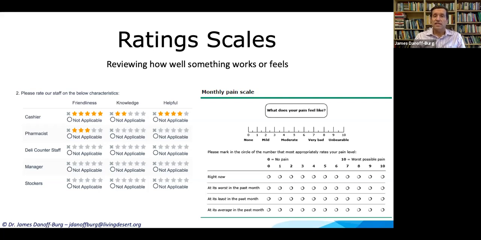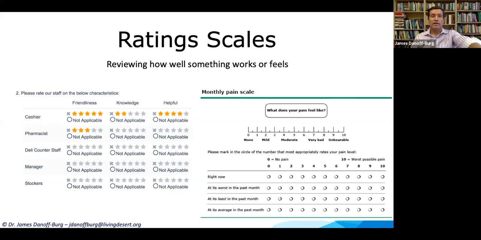On the left side of the screen there are a series of questions summarizing the friendliness, the knowledge, and the helpfulness of a series of different staff members, maybe at a large store, where 1 star is not very good and 5 stars is very good.